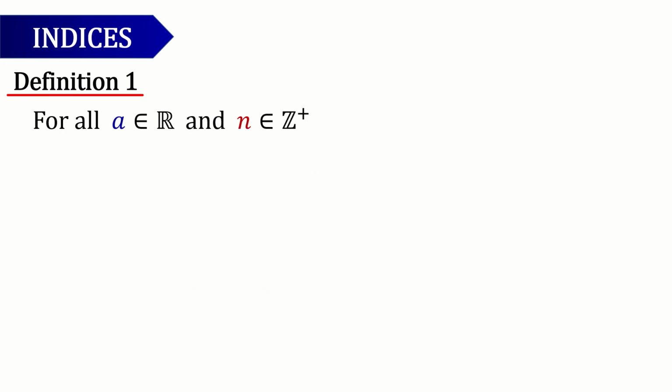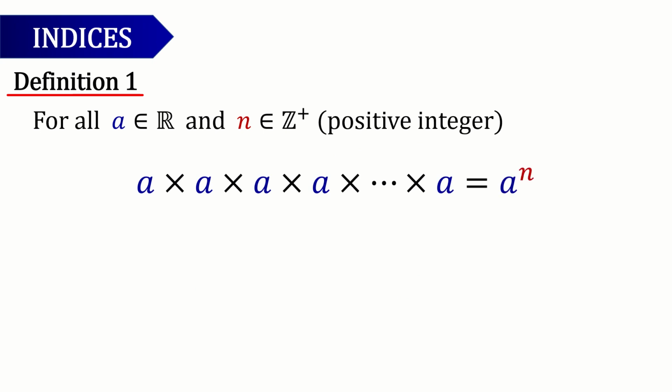Indices: for all a in the real numbers and n a positive integer, when a is multiplied by itself n times, that is what we call a to the power of n.